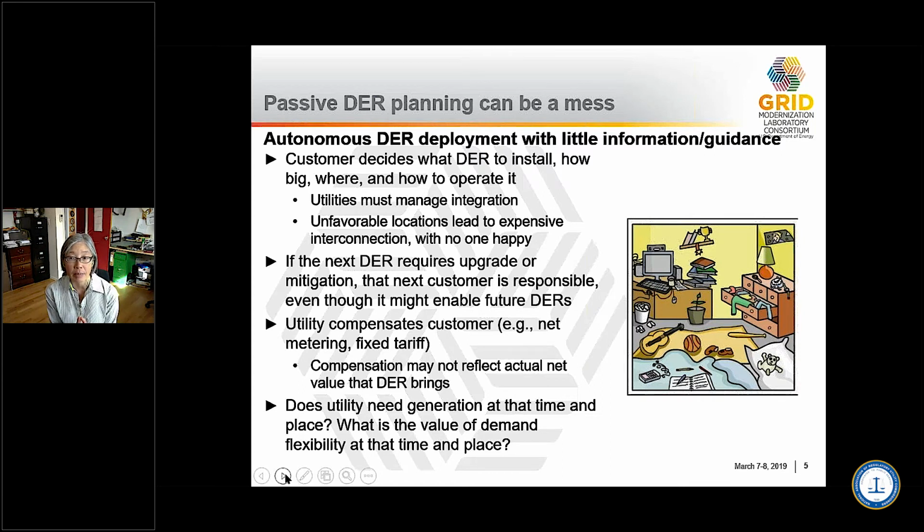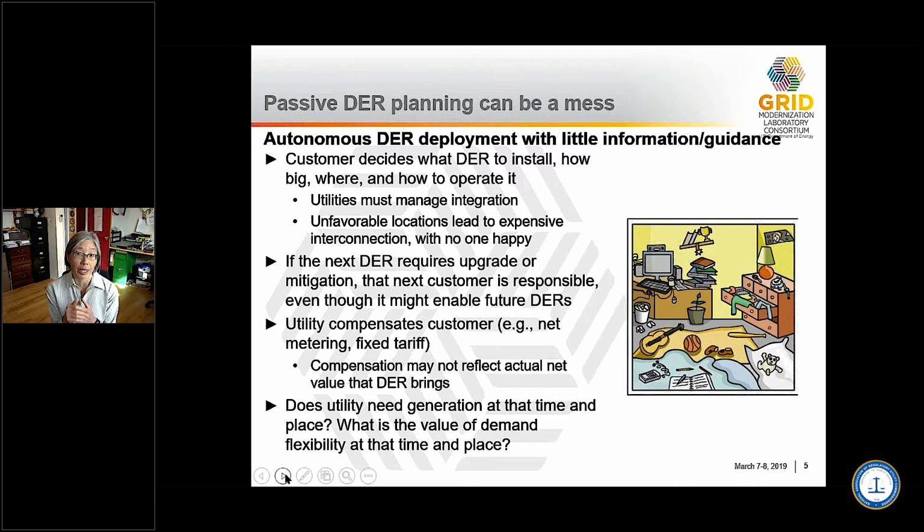Michael Coddington, I think, mentioned that if the next DER pushes the feeder over some tipping point in terms of reliability, and it requires some feeder upgrade, that next customer is responsible for that cost, even though that upgrade might enable many more megawatts of customers installing DERs, of their neighbors.